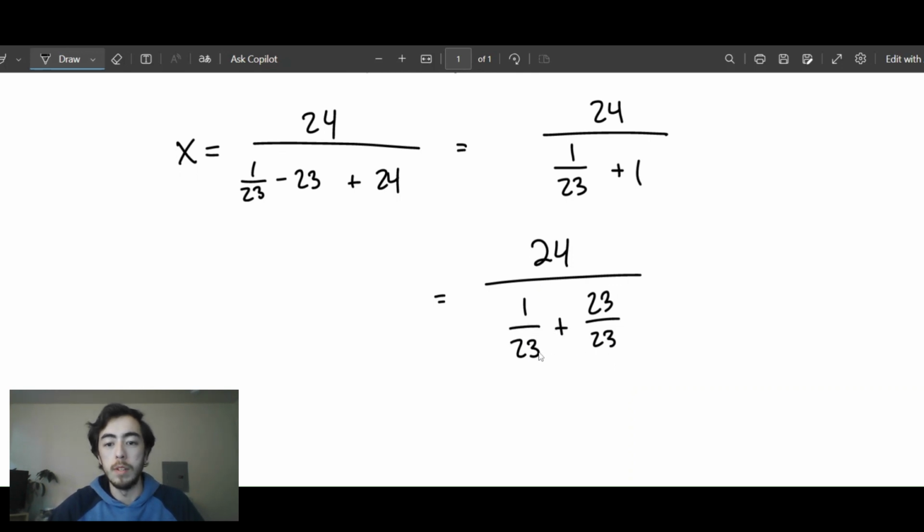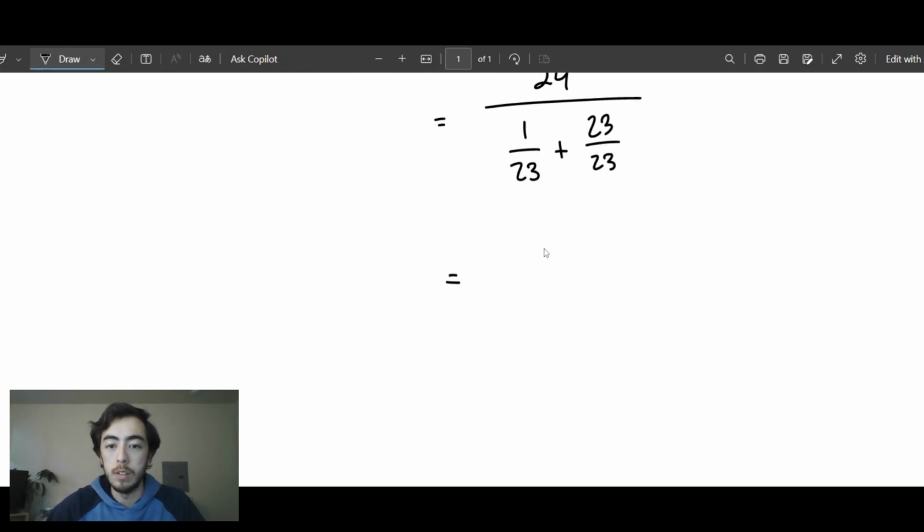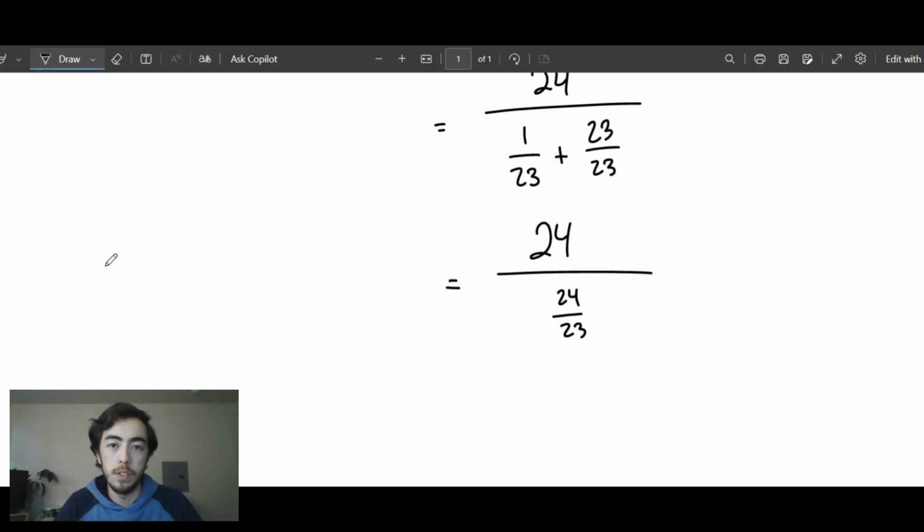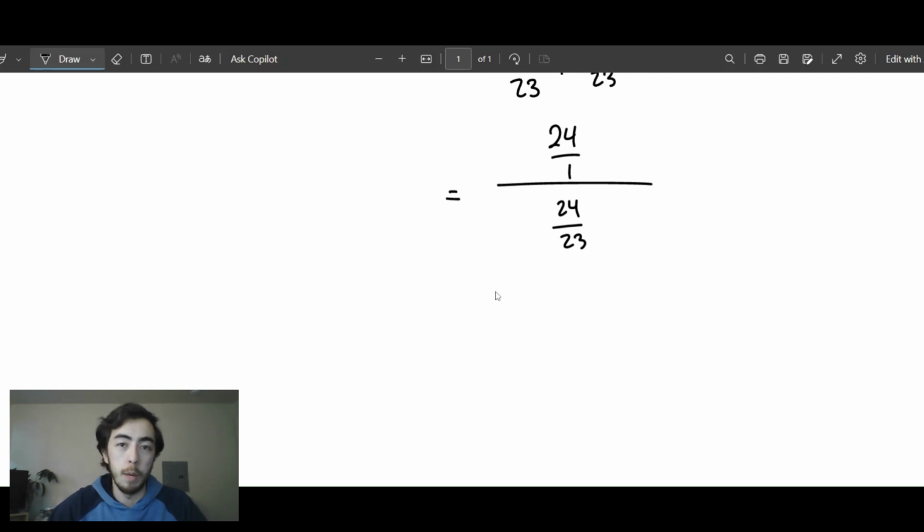Now that they have the same denominator, I could say that this is 24 over 24/23. Now it's basically just some fraction math. Maybe writing this 24 as 24 over 1 could help. Again, thinking about fractions as division, this is the same thing as saying 24 divided by 24/23.